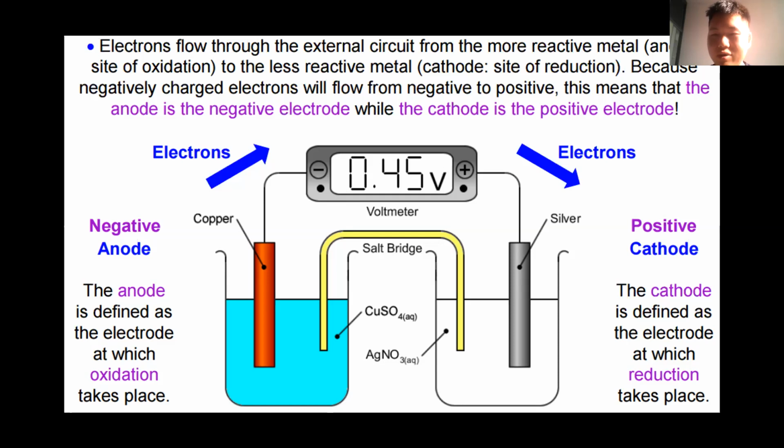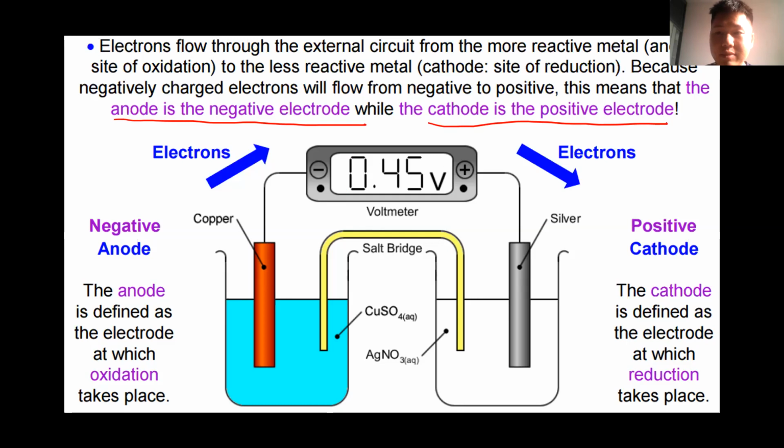Okay, so this is where confusion starts. The anode over here becomes the negative electrode. The cathode over here becomes the positive electrode, which is different from electrolysis in the earlier part of the chapter, where there's a battery involved. For this cell setup, the anode will be the negative electrode because it is where the negatively charged electrons will flow first.